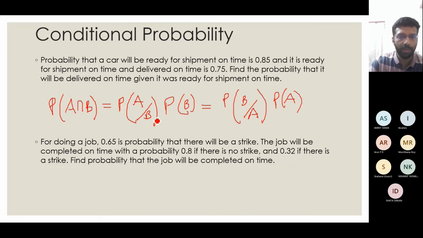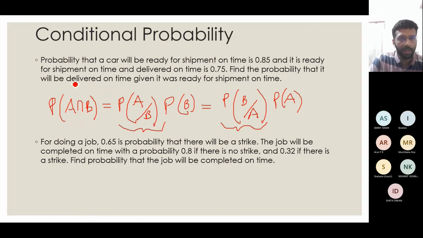If you have any doubt, you can go through that. The probability of B given A and the probability of A given B are called conditional probabilities. So the probability of the intersection of two events can be found using these equations. We will try to solve these two problems using this conditional probability equation that we saw in the previous class.